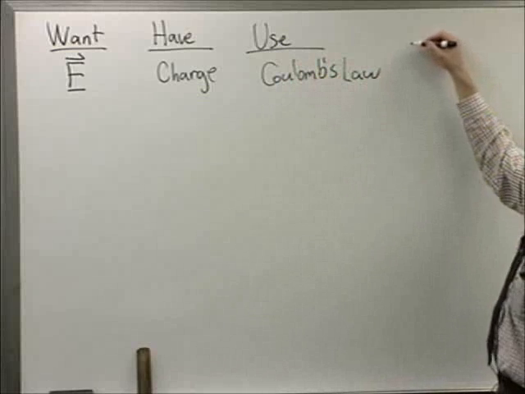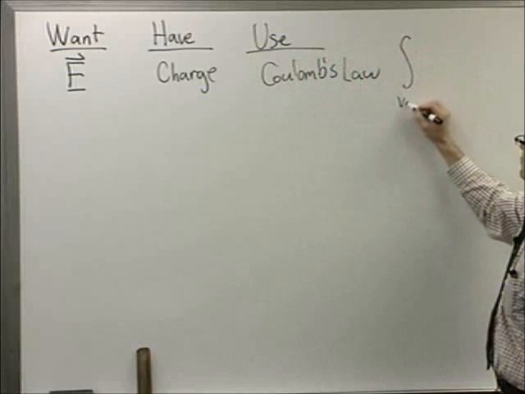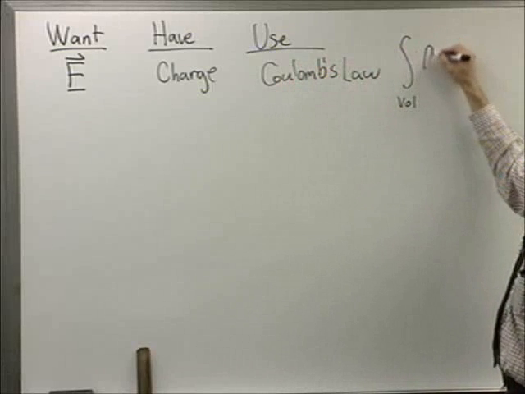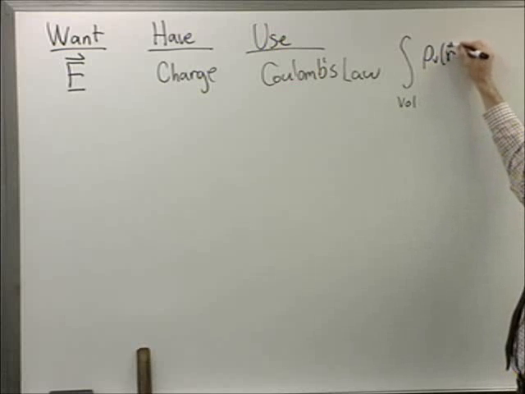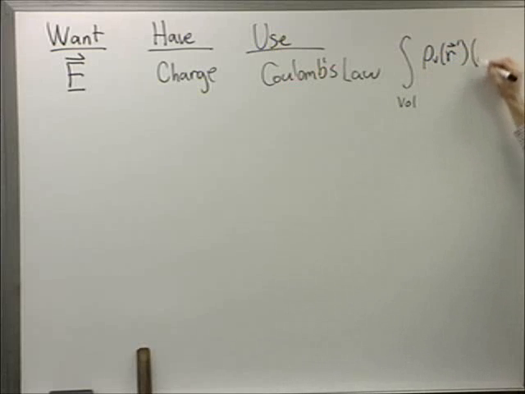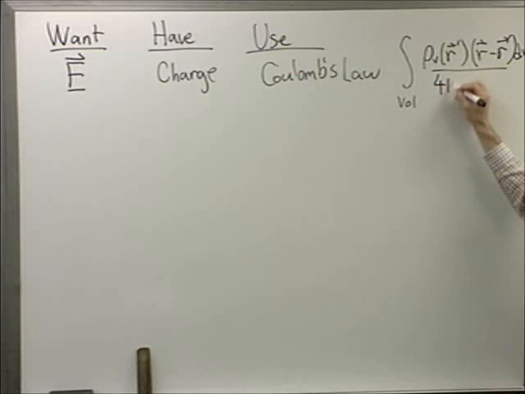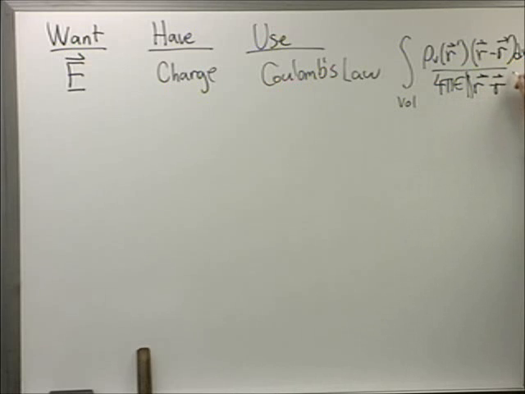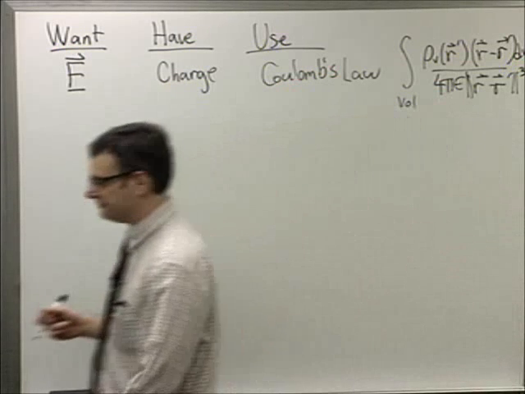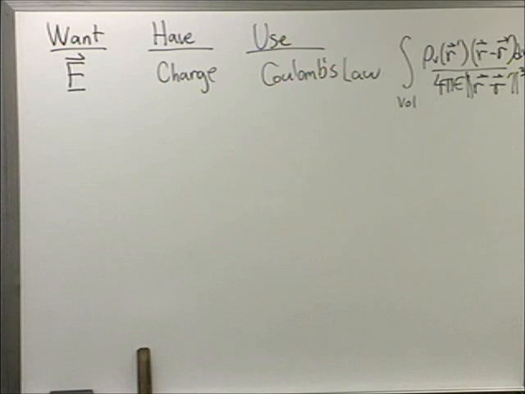And of course, recall that Coulomb's law is the volume integration of whatever charge density as a function of a variable of integration r prime times r minus r prime dv prime, integration over the volume, and then you've got to divide by 4 pi epsilon magnitude of r minus r prime cubed. That vector cubed. And this will tell you what the E field is. That was the first electrostatic lecture.